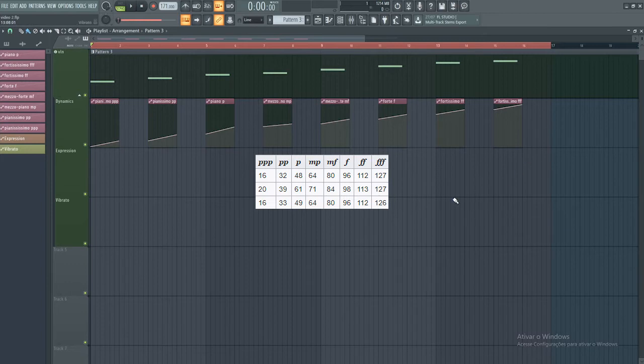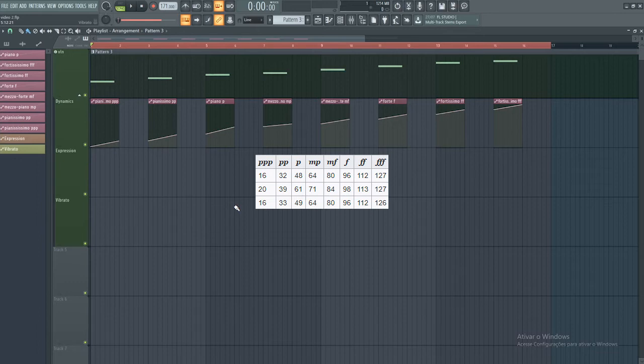And all these numbers I took from Wikipedia, which have the dynamic markings represented in MIDI control values. It's on the screen, so we can check. And then I did some quick math to convert it from 127 MIDI valuation to percent, so it goes from 0 to 100. So this is how we represent each dynamic marking in automation.